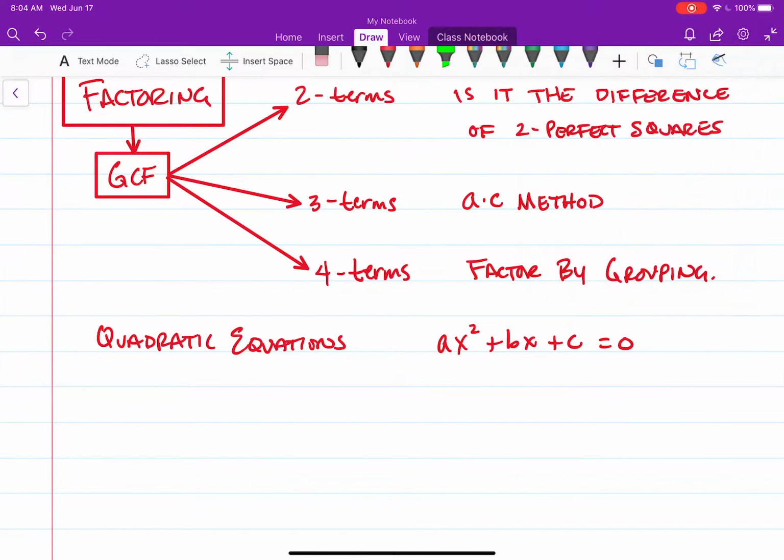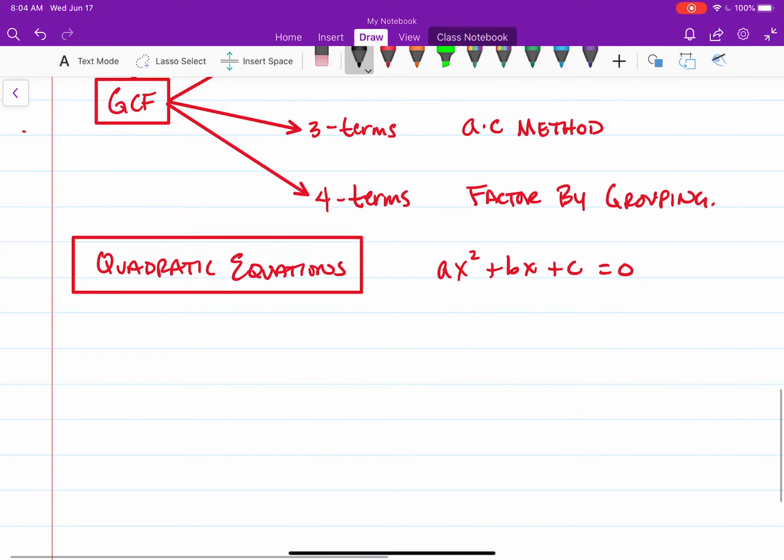So that is called the standard form. That is how you would find if a rational expression is undefined.